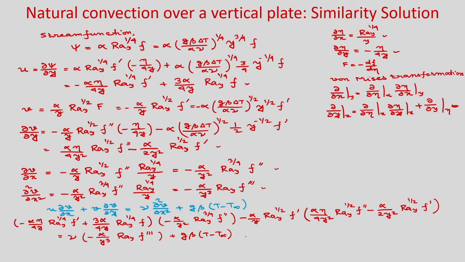Okay. So, now we have theta is equal to t minus t infinity divided by t w minus t infinity. So, this term g beta t minus t infinity we can write g beta t w minus t infinity into theta. Okay. So, you multiply it first, then simplify it. So, this if you do, then you will get alpha square eta divided by 4 y cube Rayleigh number f prime f double prime.